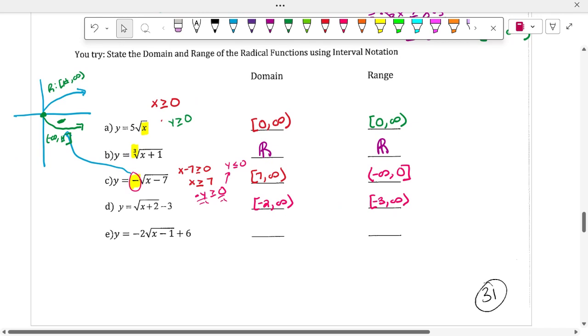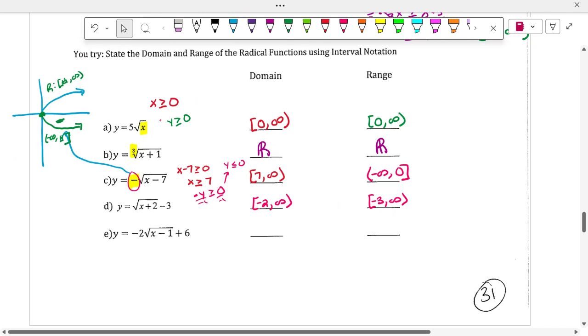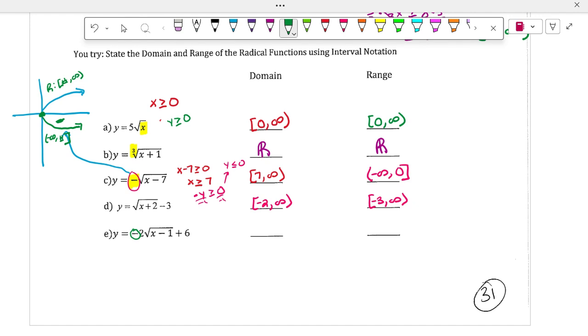Now, lastly, E. Keep in mind that negative in front. So be careful. What's the domain? 1 to infinity. What's the range?